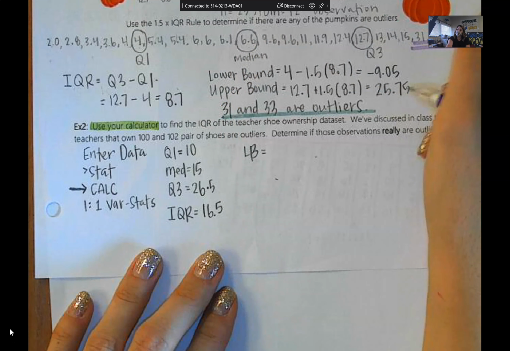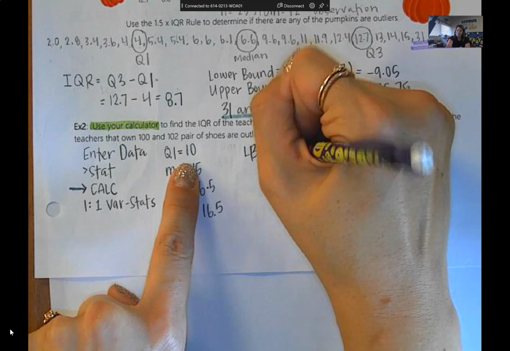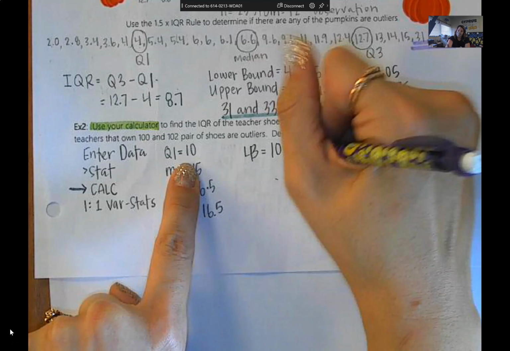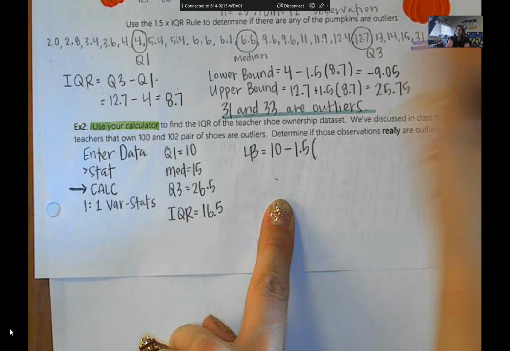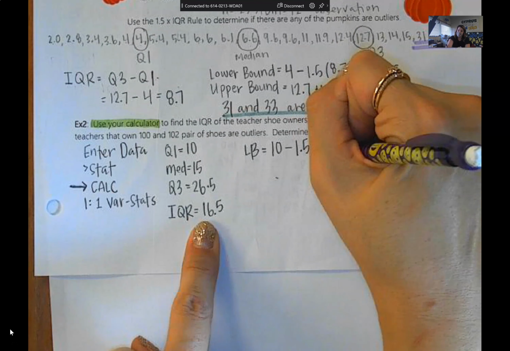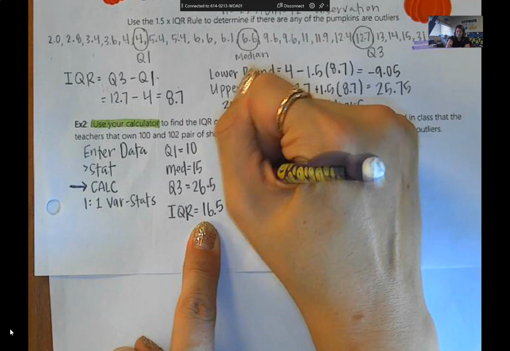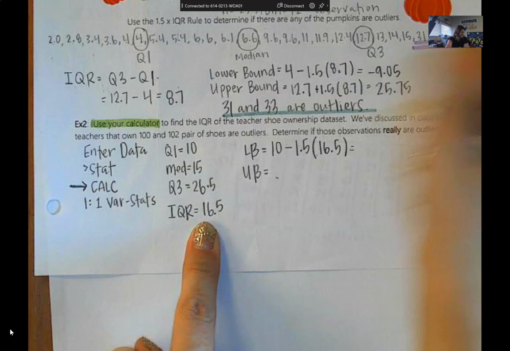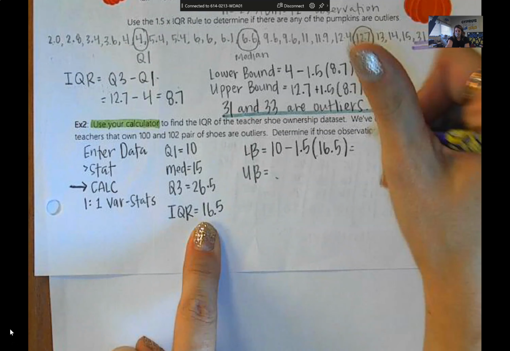My lower bound is Q1, 10, minus 1.5 times this IQR of 16.5. I'm pretty sure that's going to be negative.